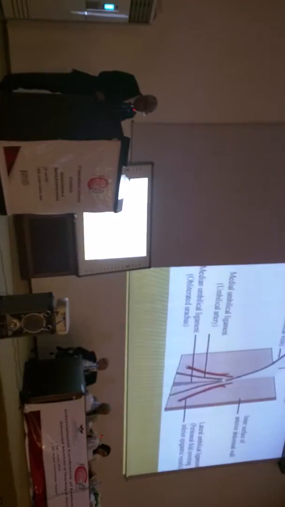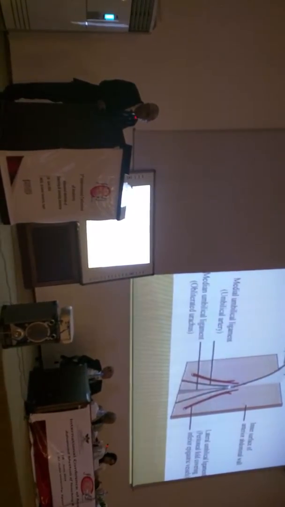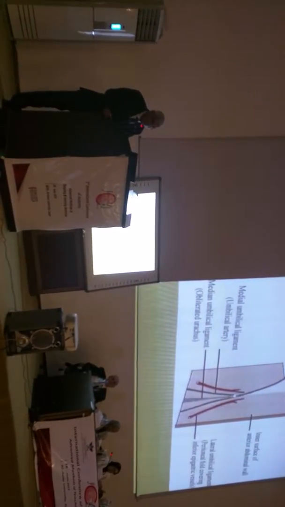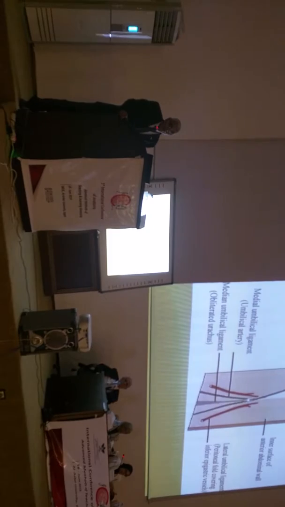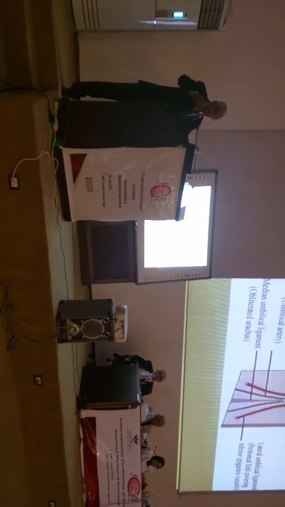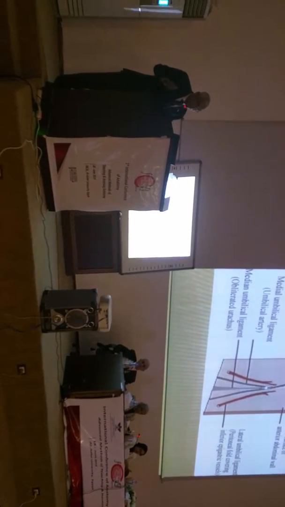We call this ligament the medial umbilical ligament. The medial umbilical ligament connects the apex of the urinary bladder with the umbilicus. This is the medial umbilical ligament, and the two lateral umbilical ligaments.